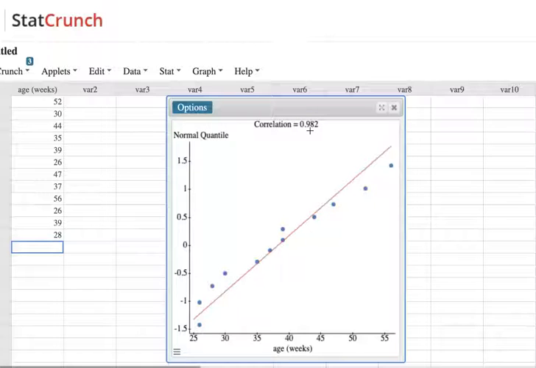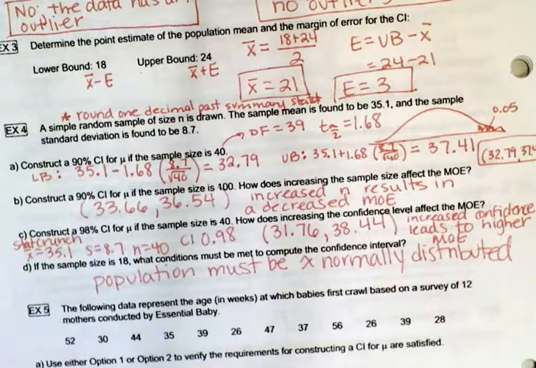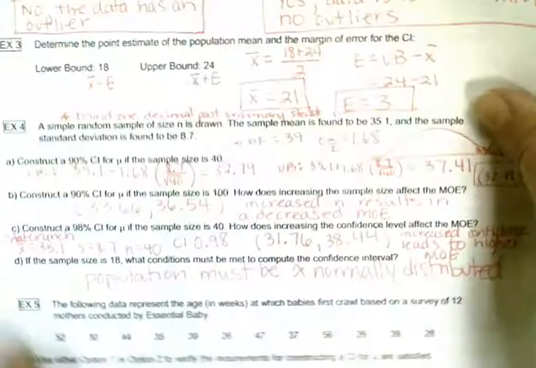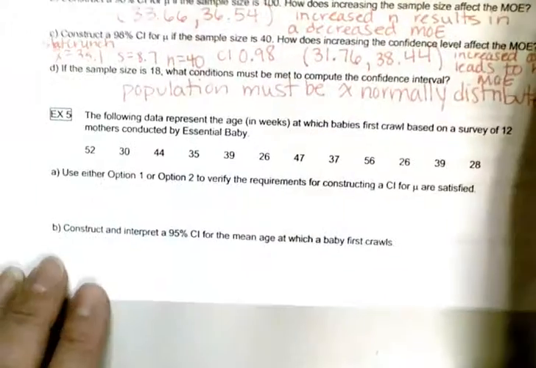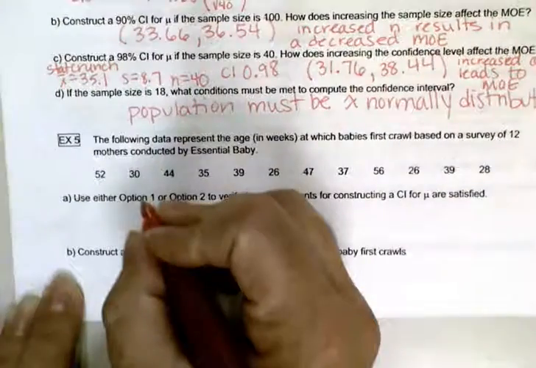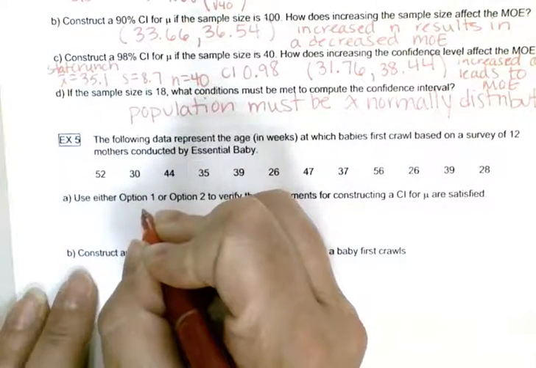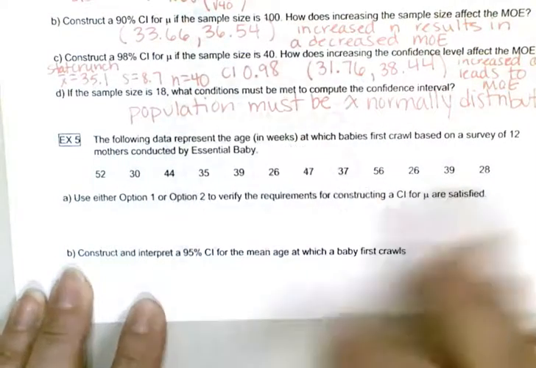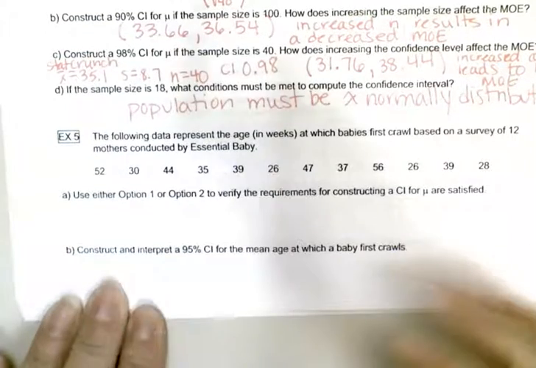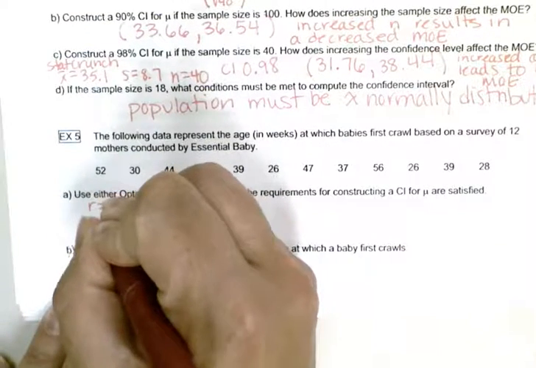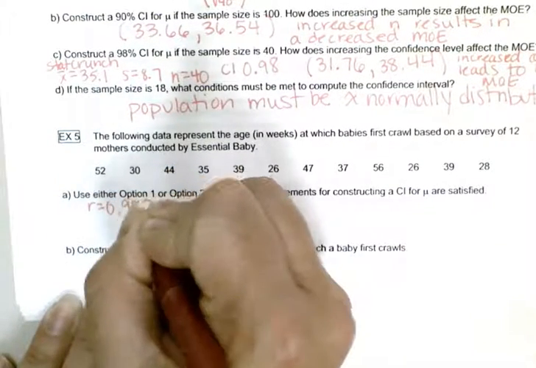Now remember, if it fails something, you don't have to check the next part. So I would always want to make sure, okay, well, is this meeting option 1? So in order to have that approximately normal, I need to compare to the critical value. So I know that R is 0.982.